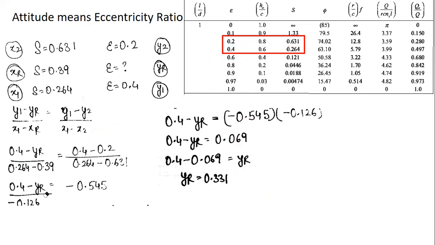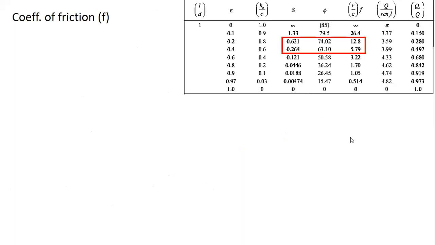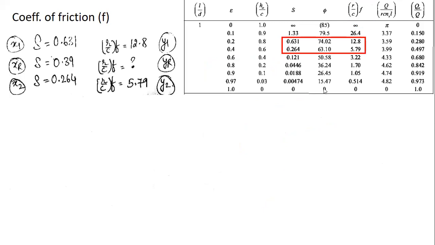What is the next thing that is asked? Let's find out. The coefficient of friction f. Where can I get the coefficient of friction f from? From this formula: r by c into f, where r is the radius of the journal, c is the radial clearance, and f is the coefficient of friction. Again, like I said, 0.39 Sommerfeld number lies between these two numbers.